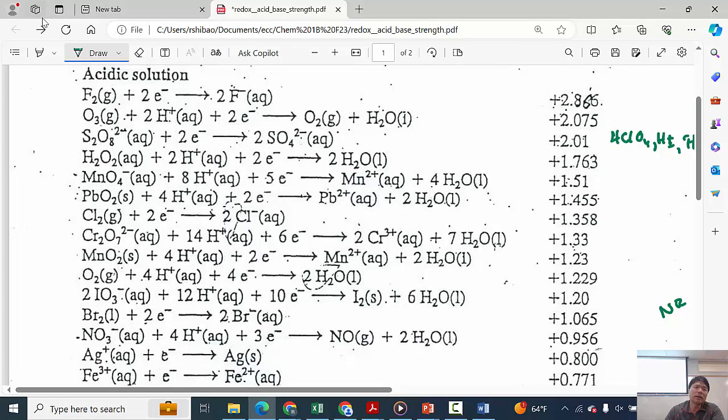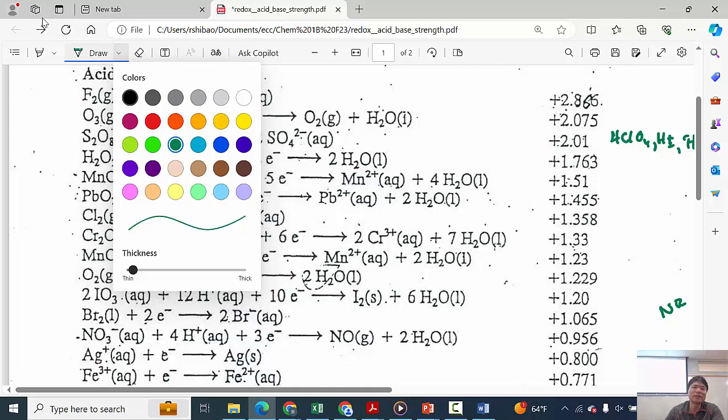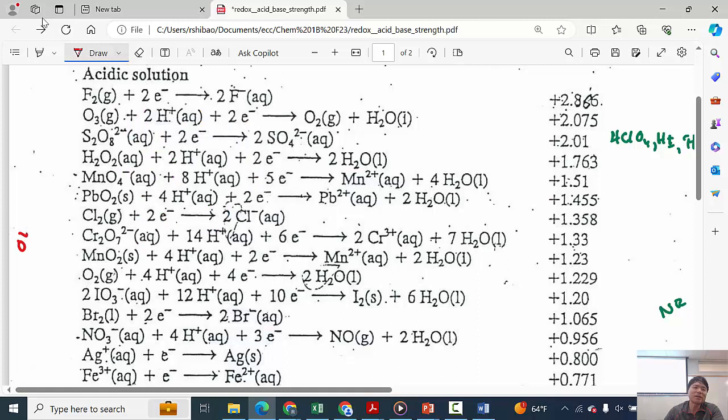Over here on the right side and the left side, we have different species. On the left side, we have the oxidizers. The oxidizers take electrons. Fluorine's the strongest oxidizer. It's taking 2 electrons to make 2 fluorides.